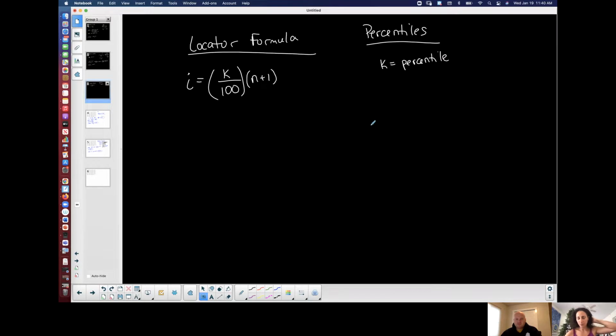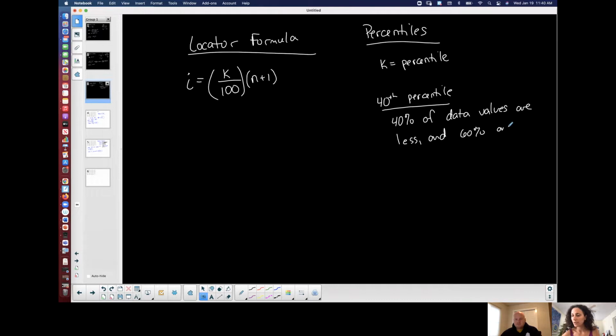For example, if I want to talk about the 40th percentile, this indicates that 40% of the data values lie underneath my 40th percentile. 40% of the data values are less than this, and 60% or greater are greater than the 40th percentile. I'm going to show you what I mean.